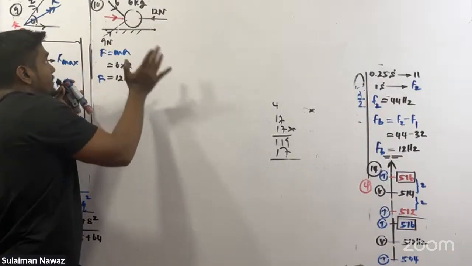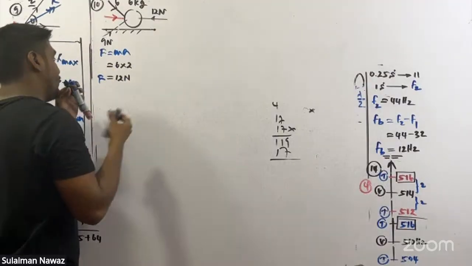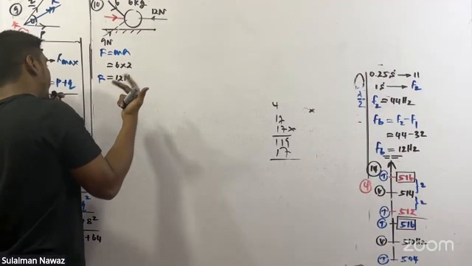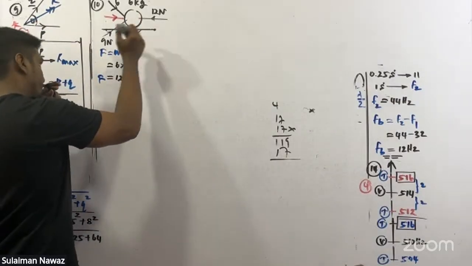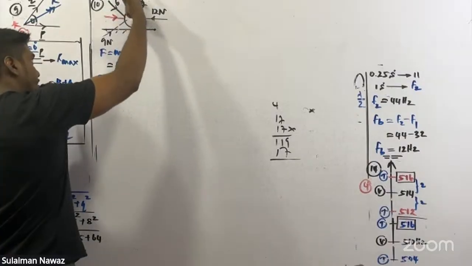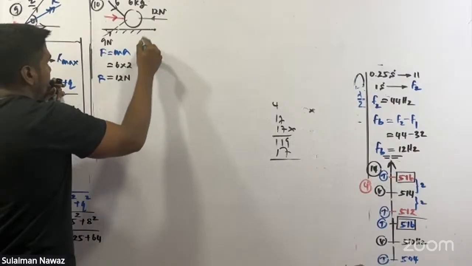One can say, sir, you told me that I can remove up to 2 forces out of these 3, and that once I remove 1 or 2 forces, the resultant must be 12 Newton. So I am removing 6 and 9, sir.